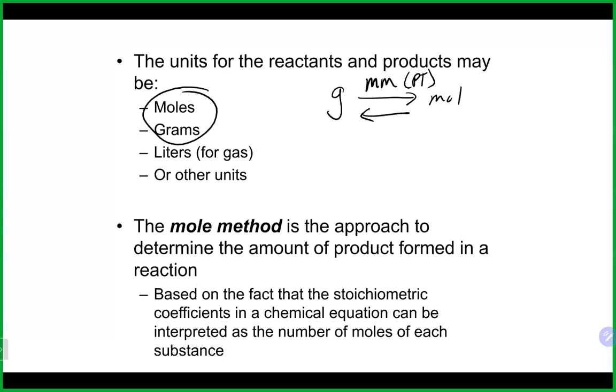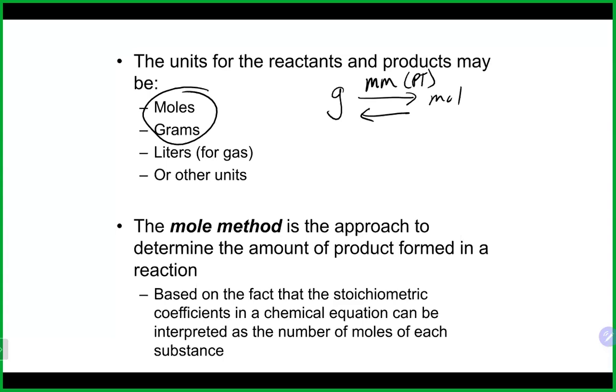And really what stoichiometry is, and sometimes people freak out about it because it's a weird word and they think it's really, really hard, but it really is just a conversion factor. So instead of looking in a book to find the conversion factor, you find the conversion factor from the balanced equation. And that's where you're going to get your conversion factor.